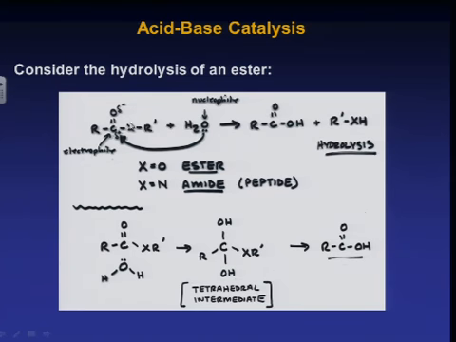Protein chains. So if you're breaking, and we're going to look at several proteases, we're looking at a reaction where we're hydrolyzing this bond. If it's an X, in this case, if it's oxygen, that's an ester. If it's nitrogen, it's an amide or a peptide. So we're simply hydrolyzing that bond to give these two products.